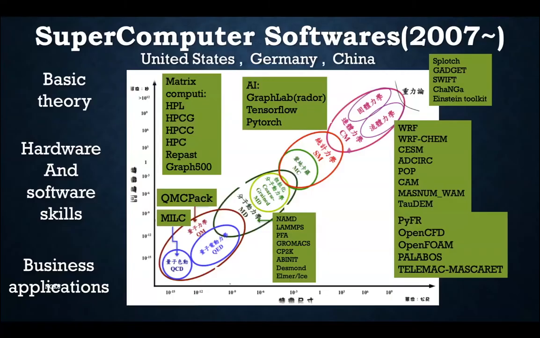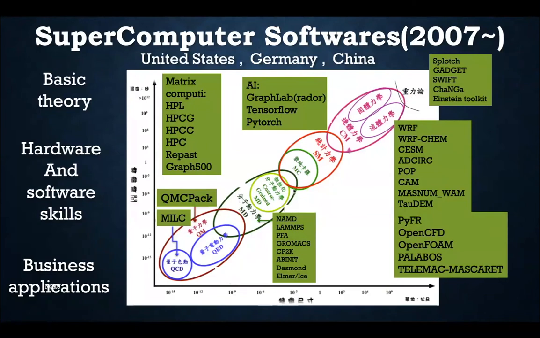This is what I said about the scope of our education for the students. We cover quantum chromodynamics and quantum electrodynamics, and also gravity in the far right up end.